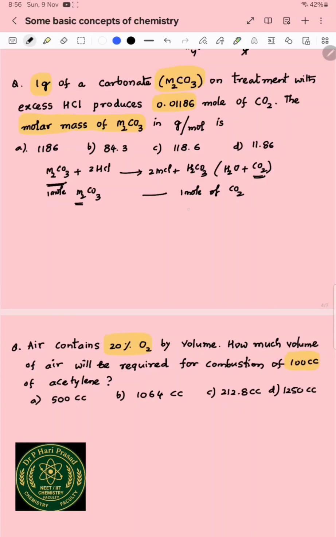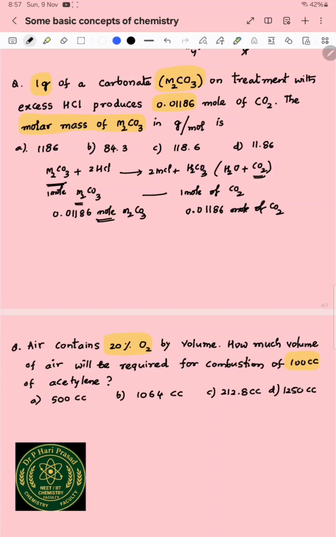0.01186 moles of CO2. We will write: 0.01186 mole of CO2 comes from the same amount, 0.01186 mole of M2CO3 only, because 1 mole will give 1 mole. So therefore we have the number of moles of M2CO3.